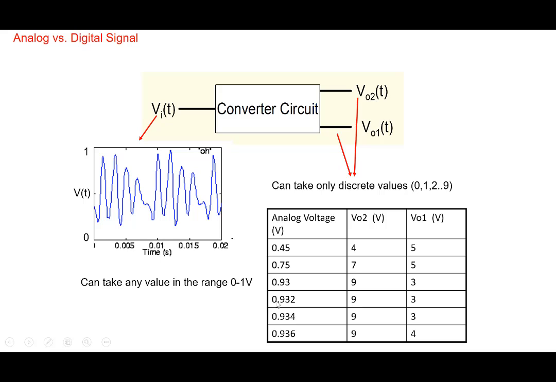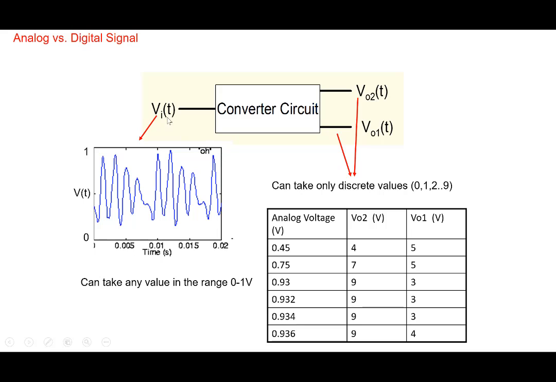So similarly, we get 0.932, so the first is 0.9, the second digit is 3, and the 2 is ignored, because it's a representation only in two digits, and we get 93. 0.934 is also converted into 9 and 3. 0.936, well, we round it up, as 0.036 is closer to 0.04. So we round it up into 9 and 4 here.